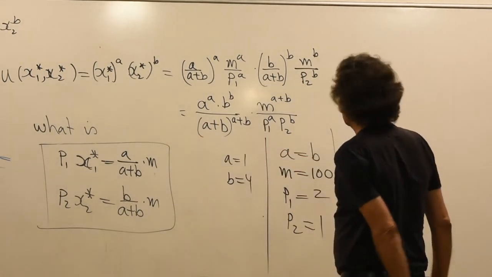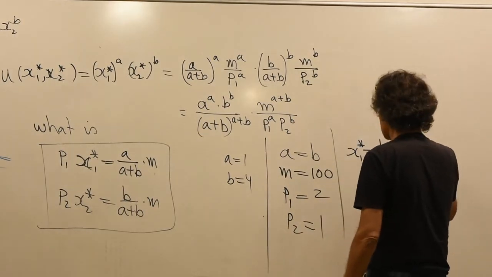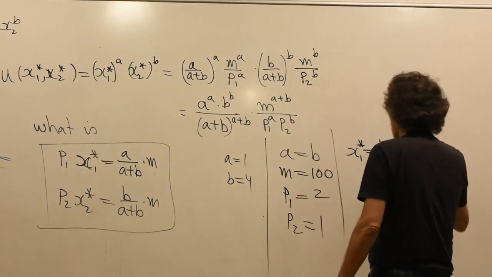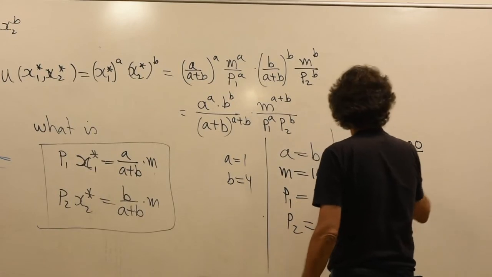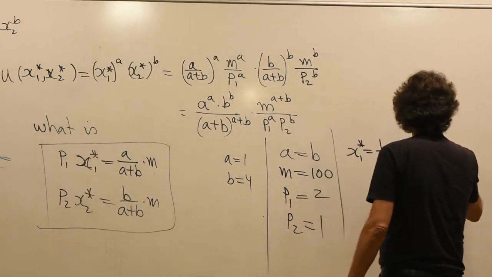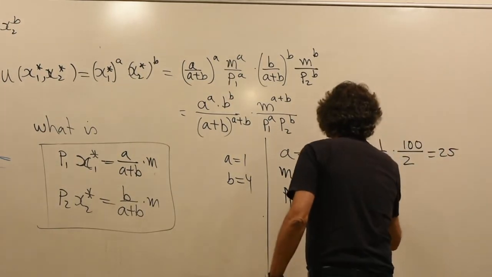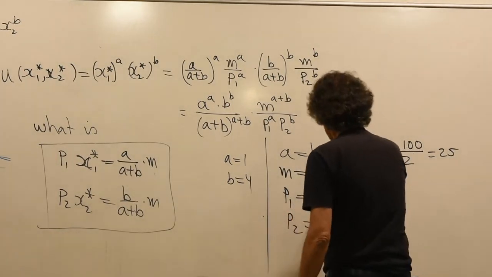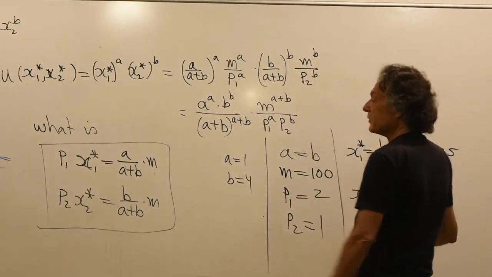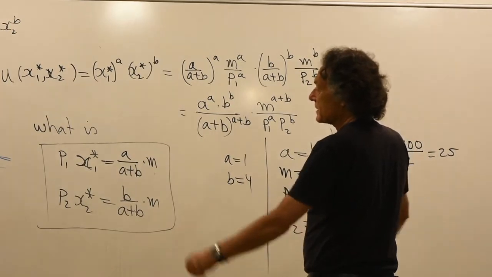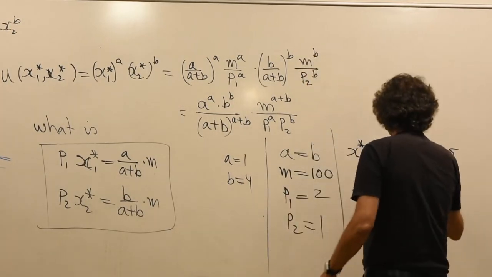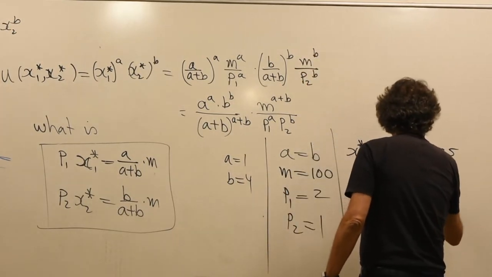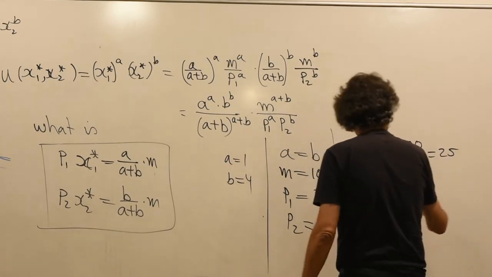Then I have to multiply by the income, 100, over the price P1, which is 2, which gives 25. And what is x2? Again half, B over A plus B is half, so I have half times 100, divided by 1.